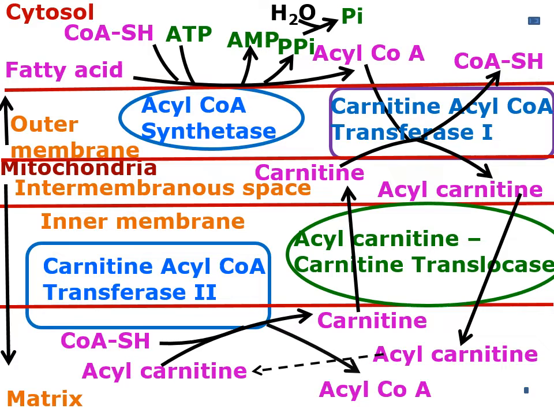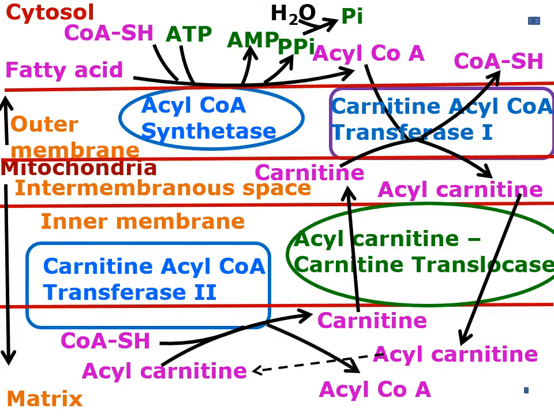Now once acyl-CoA is formed, it is not permeable to the mitochondrial membrane. So a transporter comes into the picture called carnitine. This carnitine is present in the intermembranous space, in between the outer membrane and inner membrane of the mitochondria. Carnitine will combine with acyl-CoA to form acyl-carnitine.